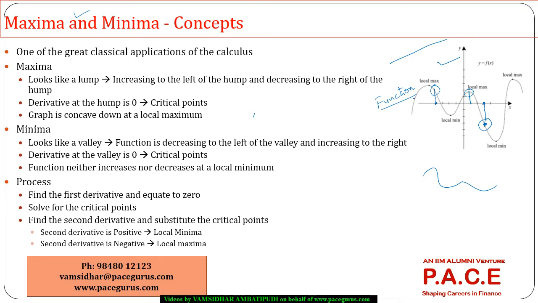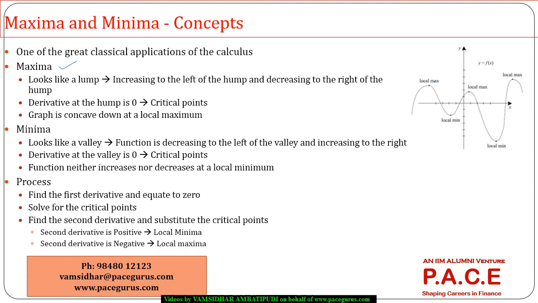So all we could see is different possible maximum values and different possible minimum values coming up. Now, how do I use the concept of differentiation to identify these maximum points and these minimum points?